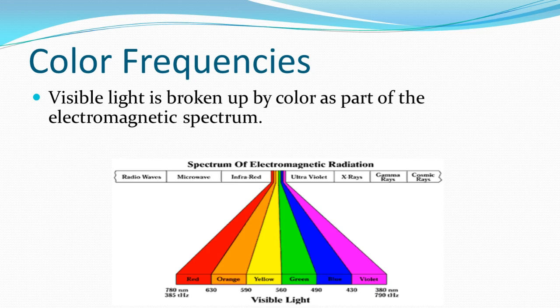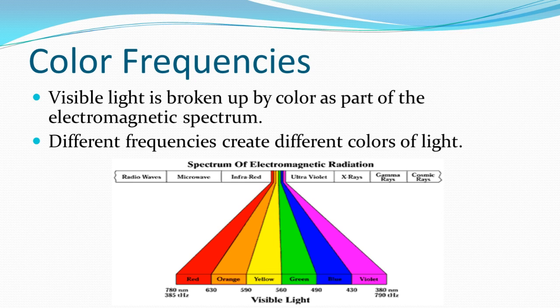Colors to the left, like red, have lower frequency, higher wavelengths. As you move to the right, the frequency increases, but the wavelength decreases. This is that color order, or the rainbow order, Roy-G-Biv: red, orange, yellow, green, blue, indigo, violet. These colors naturally appear in the order of that frequency.